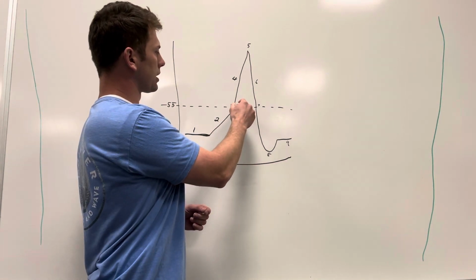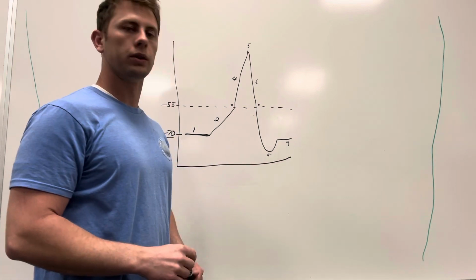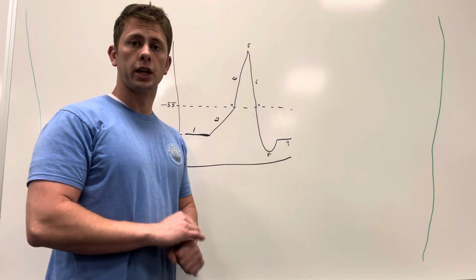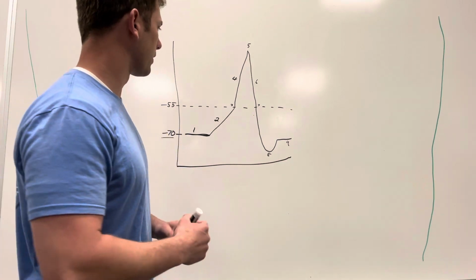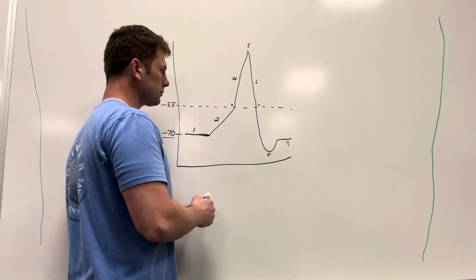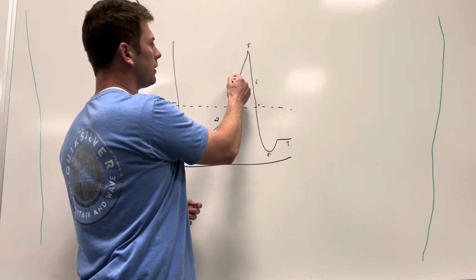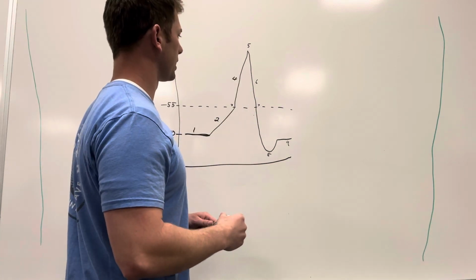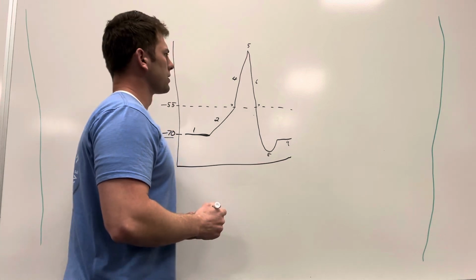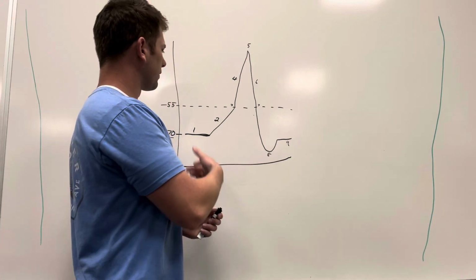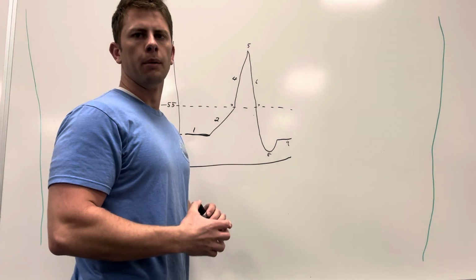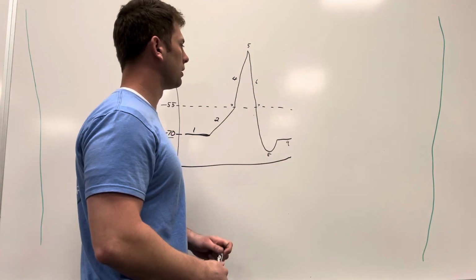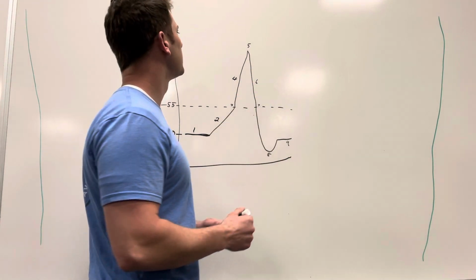And so we'll build until you reach threshold, at which the sodium voltage gated channels will open and the cell will depolarize. And so that's 3. 4 is the depolarization. We still have the potassium leak channels, but the main driver is the sodium pouring in through the sodium voltage gated channels.